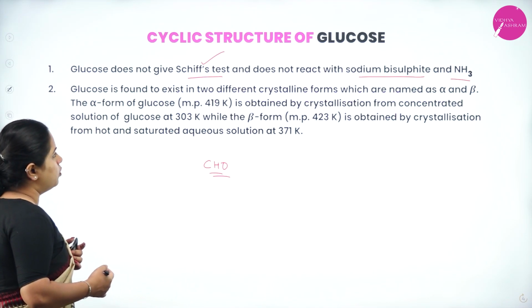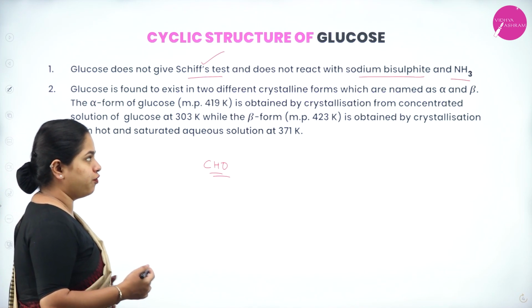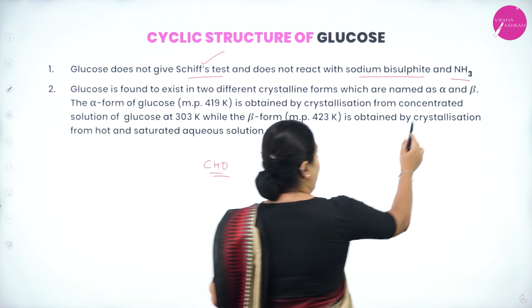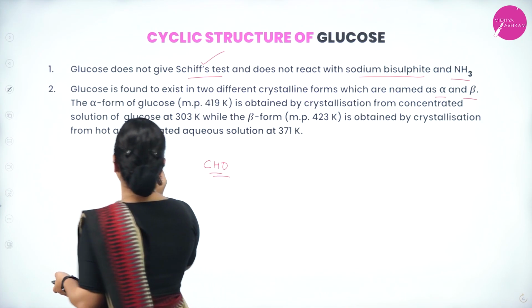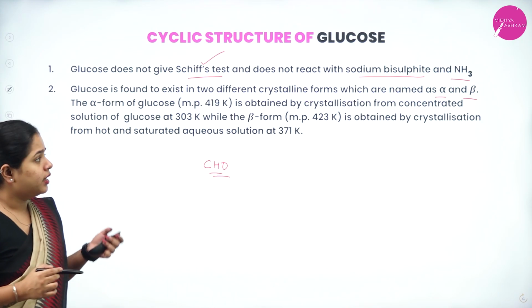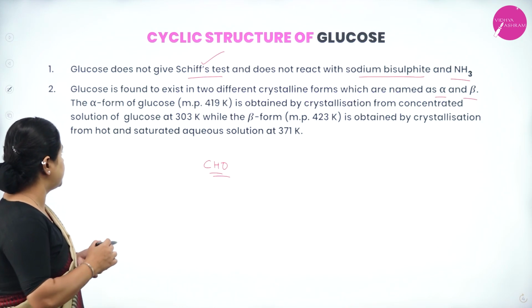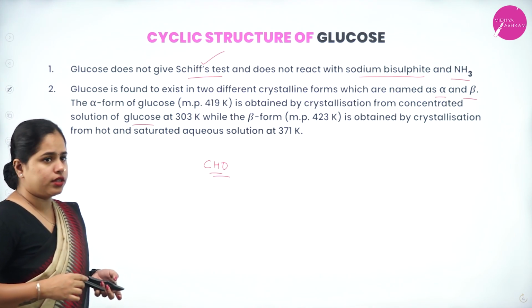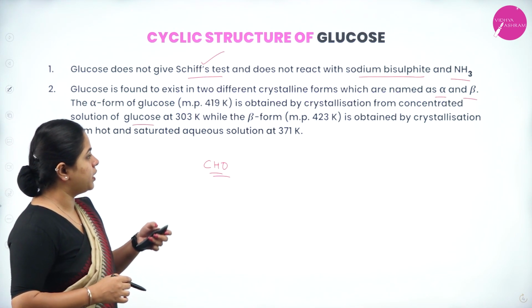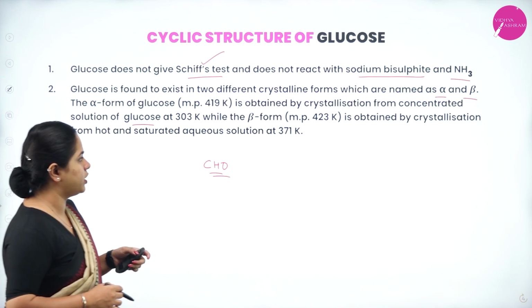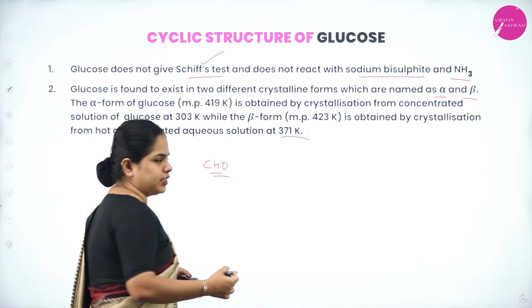Now, glucose is found to exist in 2 different crystalline forms, which are named alpha and beta. The alpha form of glucose is obtained by crystallization from concentrated solution of glucose at 303 Kelvin, while the beta form is obtained by crystallization of hot and saturated aqueous solution at 371 Kelvin.